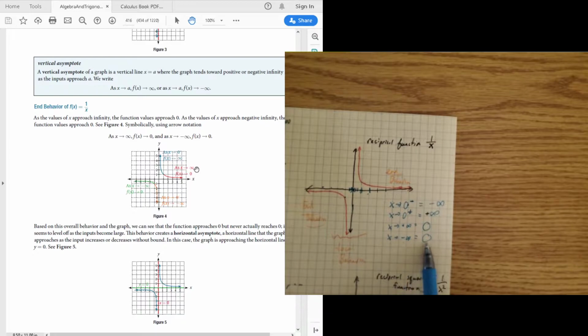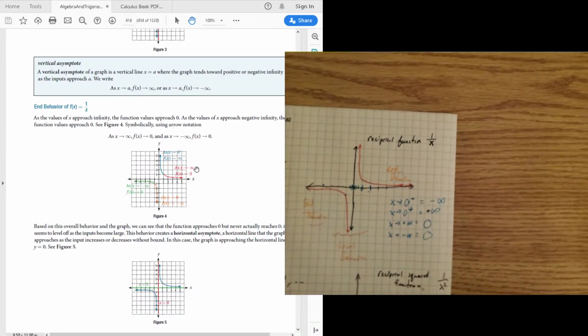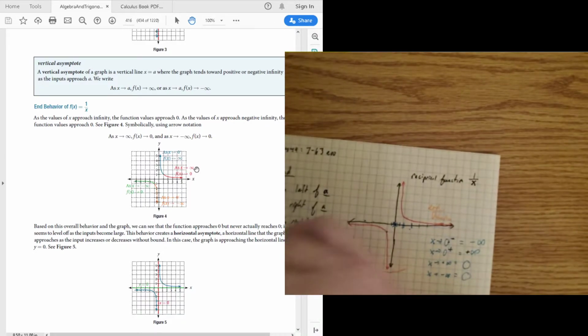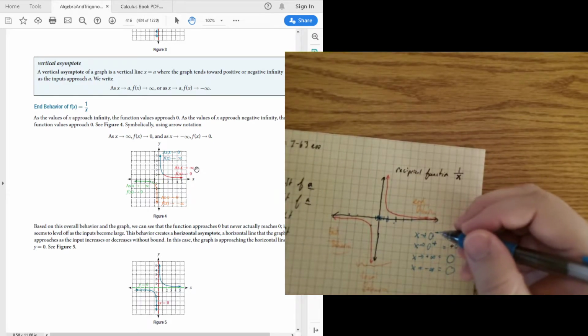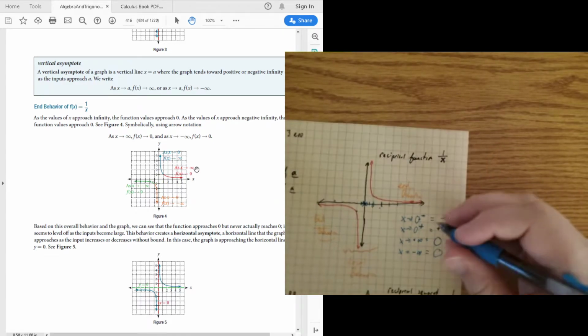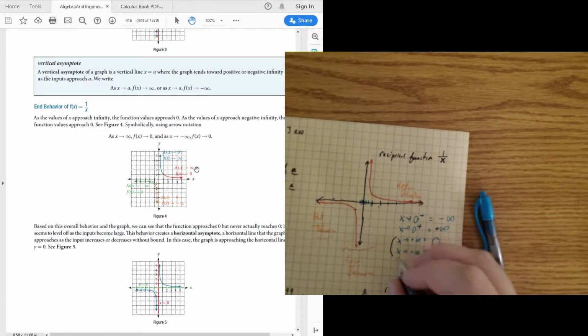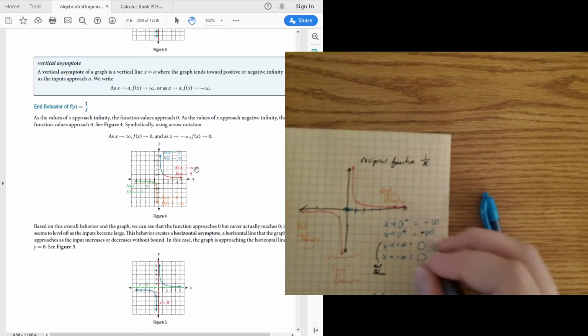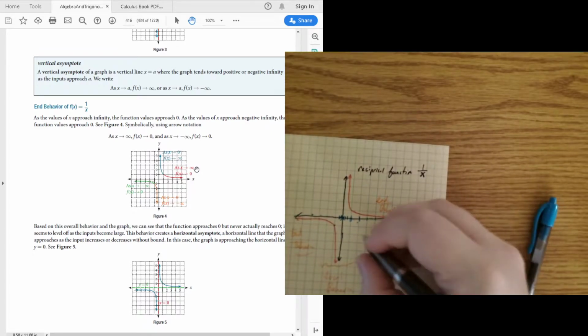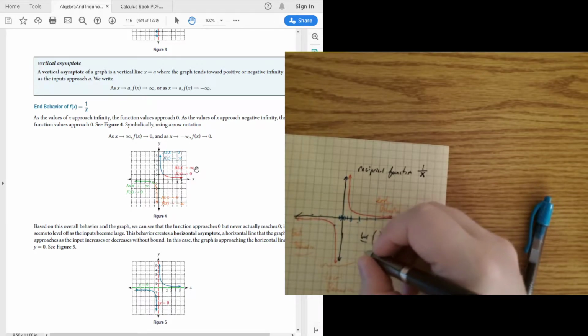As x goes towards negative infinity, we level off, we go towards 0. But let's talk about the other two we have over here. These two would be considered end behavior. These two would be considered local behavior.